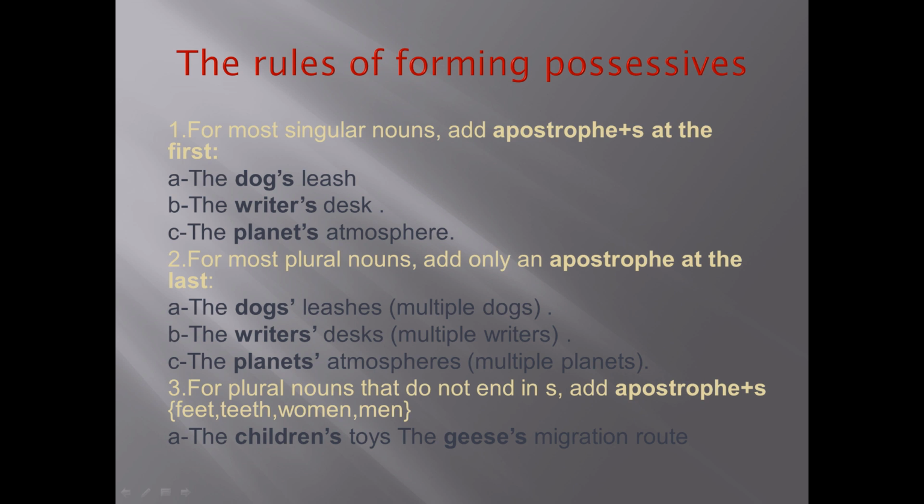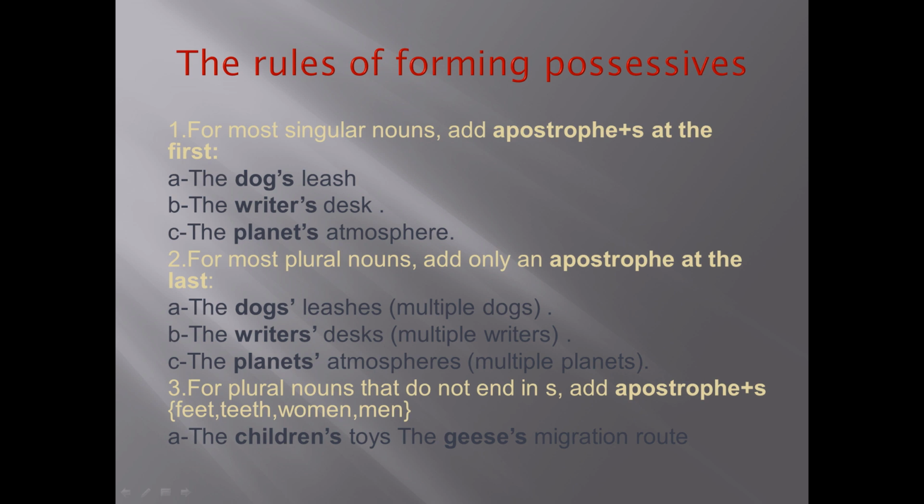Jumping to plural nouns, we add only an apostrophe at the end. For example, if I have multiple dogs, I will put the apostrophe at the end: the dogs' leashes. I have many dogs, many leashes.